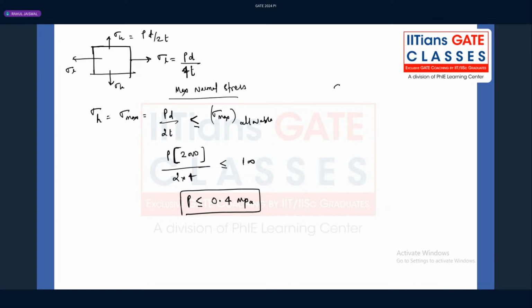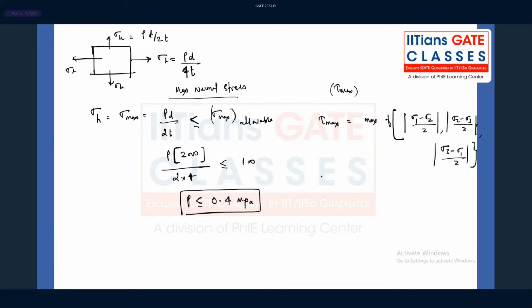But if you consider the maximum shear stress, guys, if you consider the maximum allowable shear stress, first of all, calculate the tau max, which is nothing but the maximum of sigma 1 minus sigma 2 by 2, sigma 2 minus sigma 3 by 2, sigma 3 minus sigma 1 by 2.